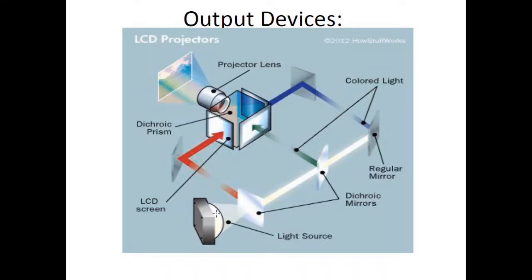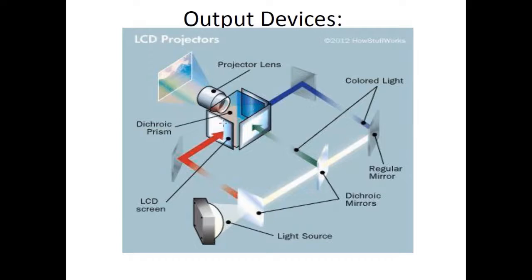We have a light source, usually a xenon lamp, and it passes through chrome coated mirrors or dichroic mirrors, and when it passes through these mirrors, the light breaks into red, green, and blue, three different colors. And then there are tiny LCD screens, three screens, which mimic the image that is to be shown.